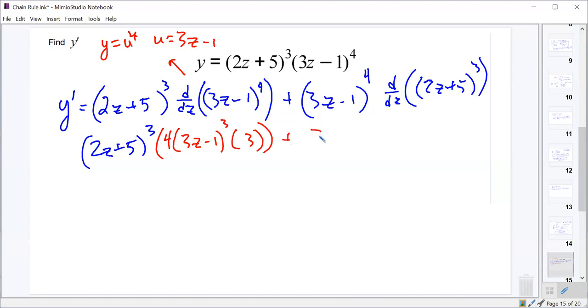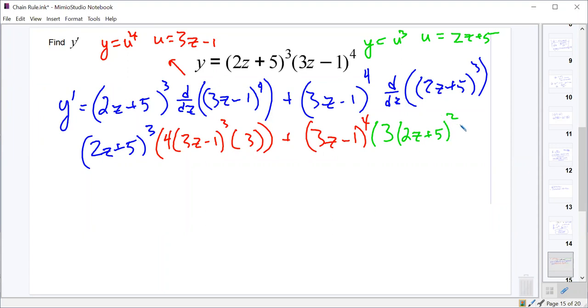Okay. Then we got our 3z minus 1 to the 4th, and then to find the derivative of 2z plus 5 cubed, we call that y equals u cubed, with u equal to 2z plus 5. And so what should that be? It should be 3 times this u, which is 2z plus 5, squared, times what? 2.